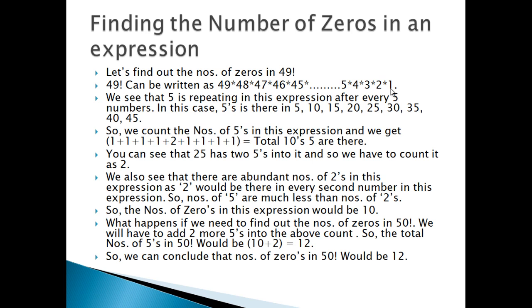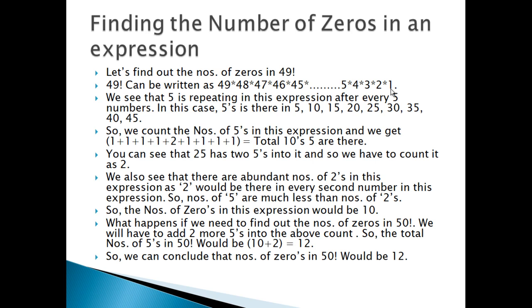We see that 5 is repeating in this expression after every 5th number. So in this case 5 is there in 5, 10, 15, 20, 25, 30, 35, 40 and 45. So we count the number of 5s in this expression. Totally we get 10 5s.